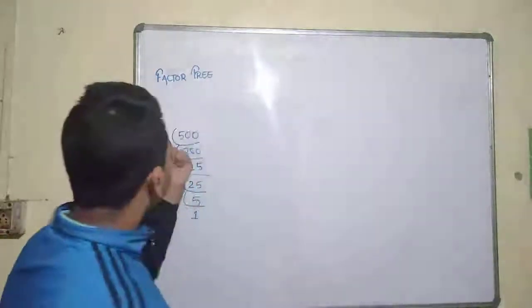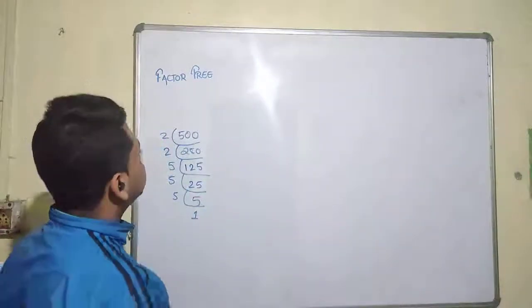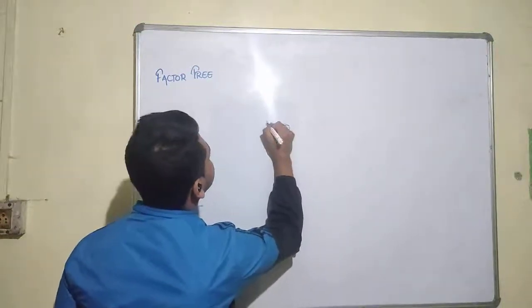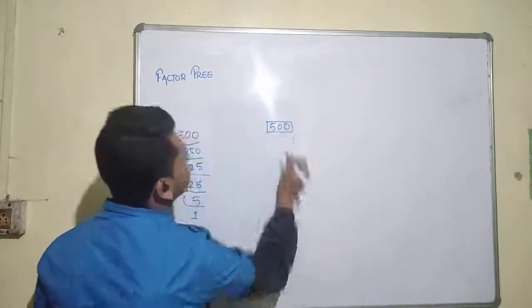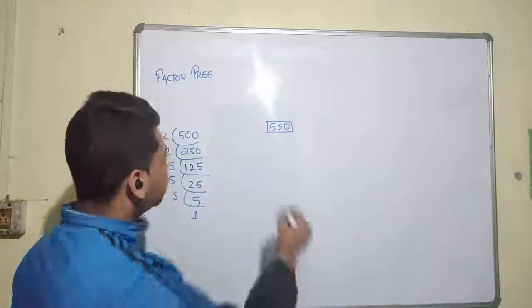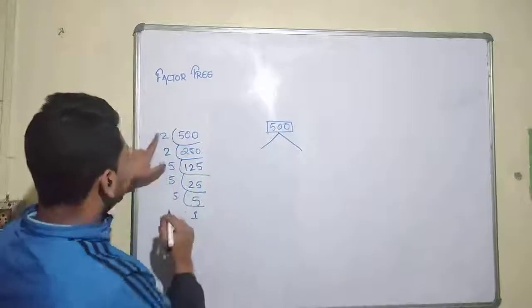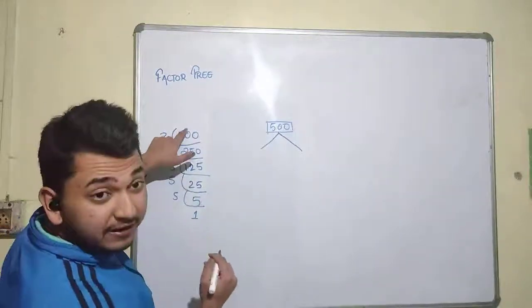So how you will do this is, you will take 500. Now the first factors of 500: 2 250s are 500, right?